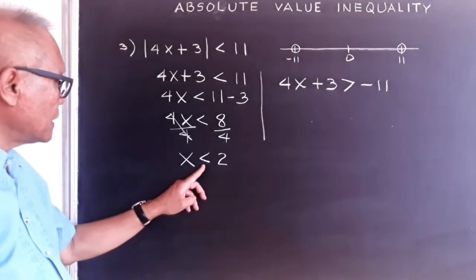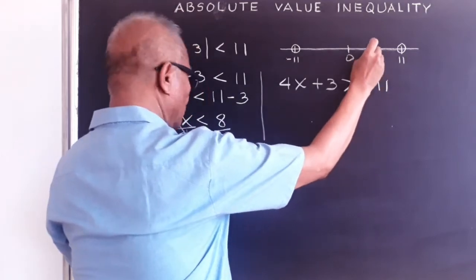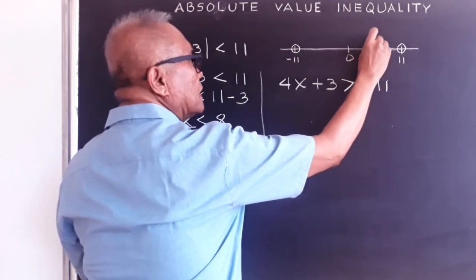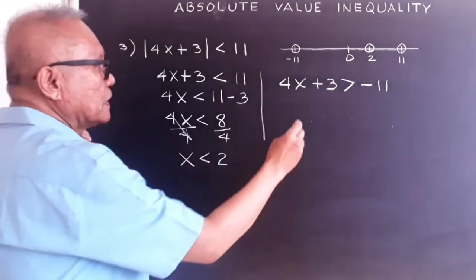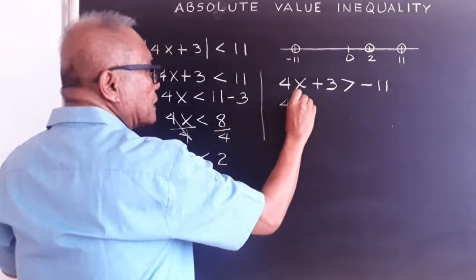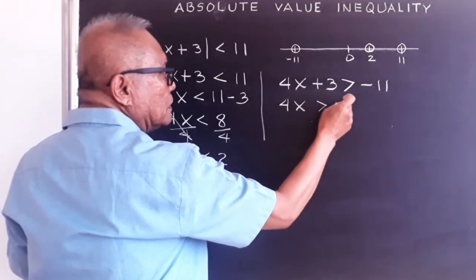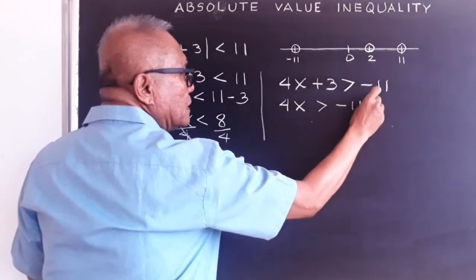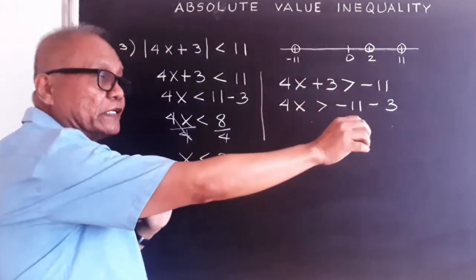So where is that one? Here, let us say that this one is our 2 and that one is like that. Okay, let's solve for this one. So we have 4x and then we transpose. Minus 11 minus 3, minus 3, minus 3.